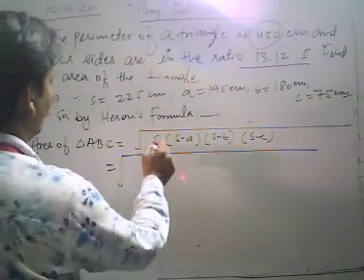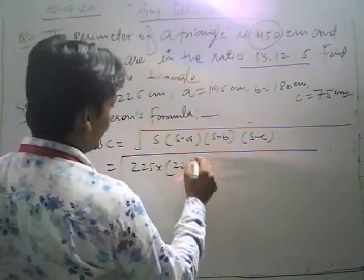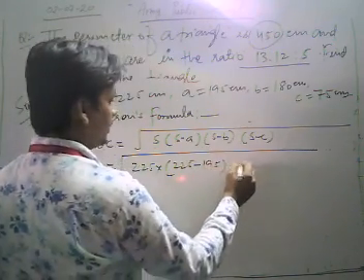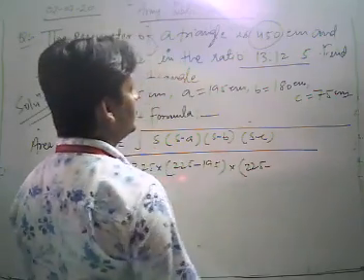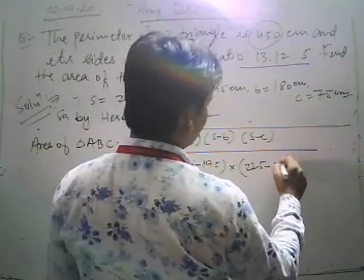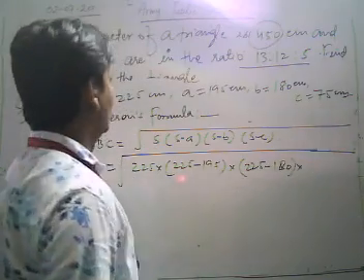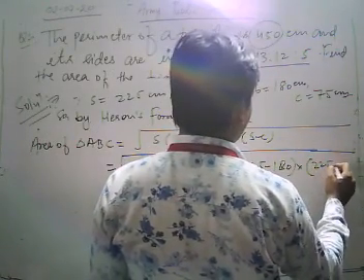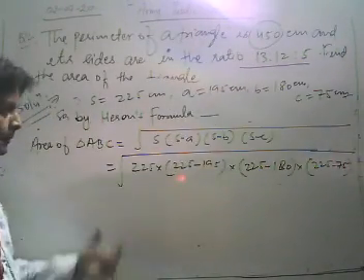S, the value of the semi-perimeter, is 225, into 225 minus the value of a, 195, multiplied by S minus b, 225 minus 180, into S minus c, 225 minus 75.